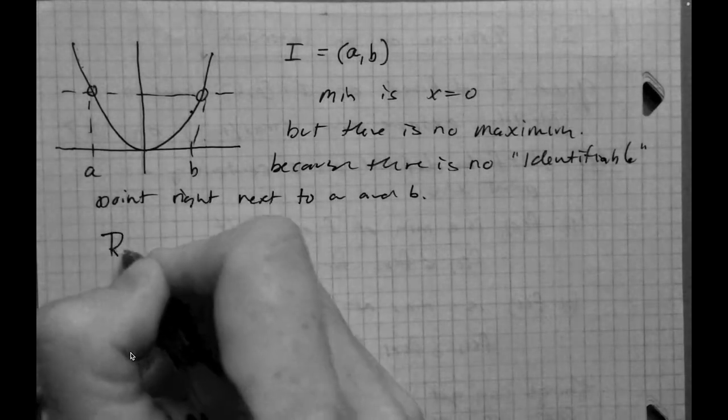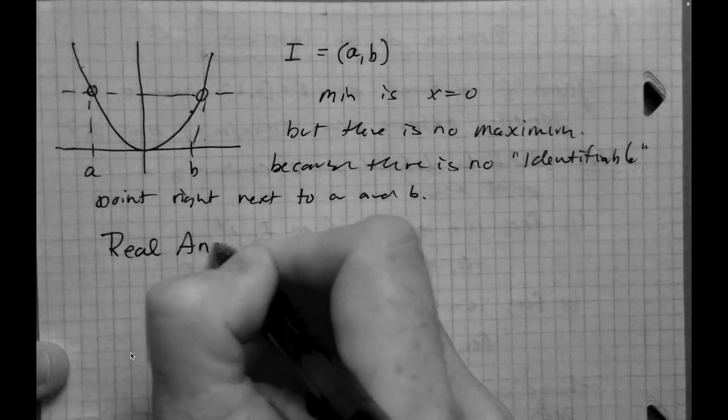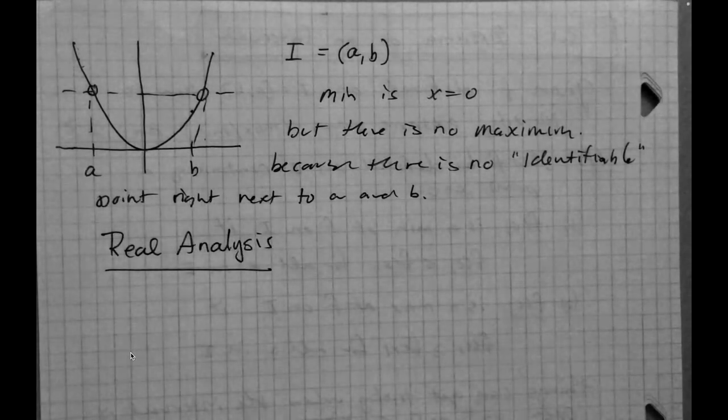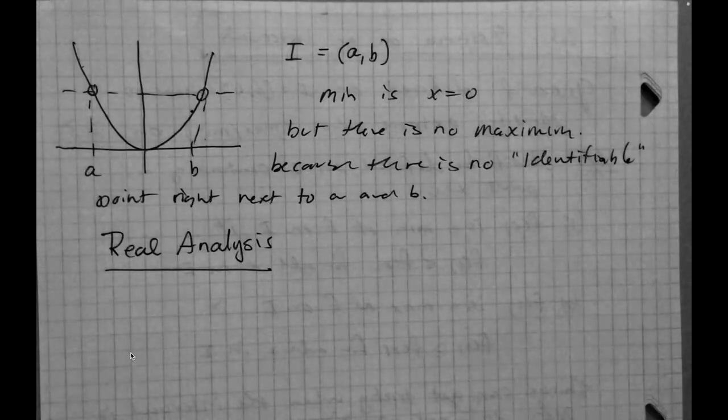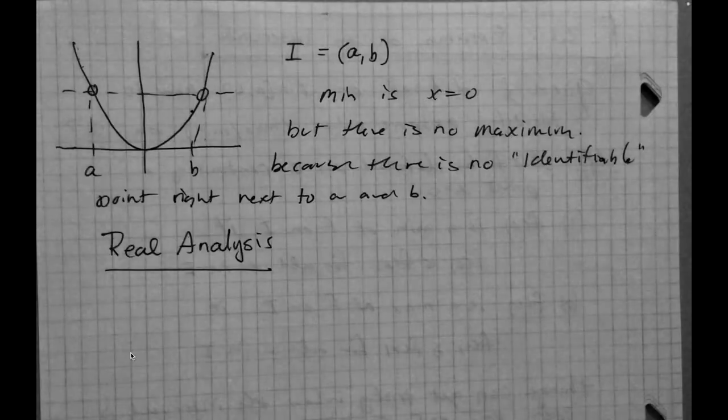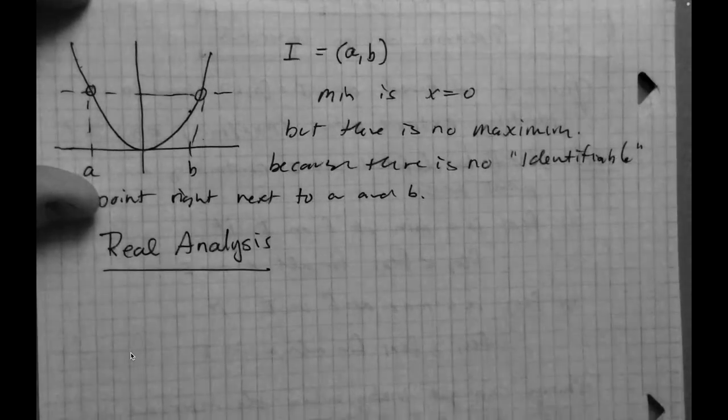A lot of real analysis goes into this in detail, but suffice it to say, there's no point that we can point to and say, oh, the max is going to be f evaluated at this point. It just doesn't exist for this interval because of the openness. Okay, so those are the edge cases that we have to be careful of.